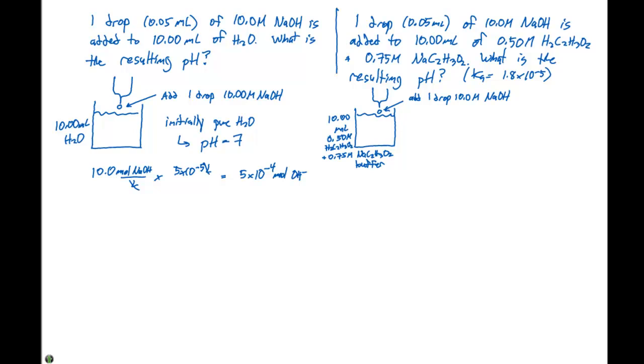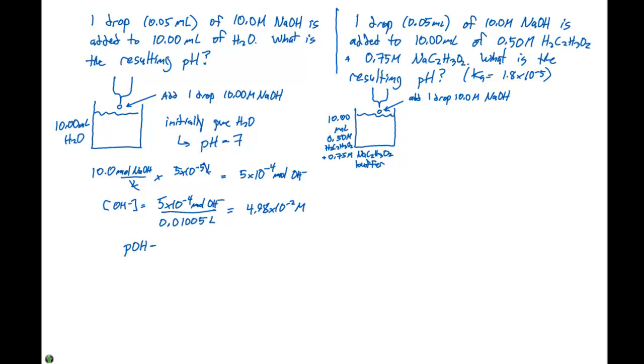So our concentration of OH minus is going to be 5 times 10 to the minus 4 moles of OH minus per liters of solution, which is going to be 0.01005 liters, which would be the 10 milliliters plus the drop, which is 0.05 milliliters. And this will give us a concentration equal to 4.98 times 10 to the minus 2 molar.